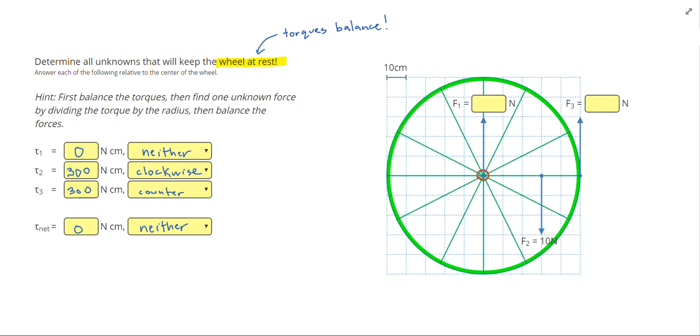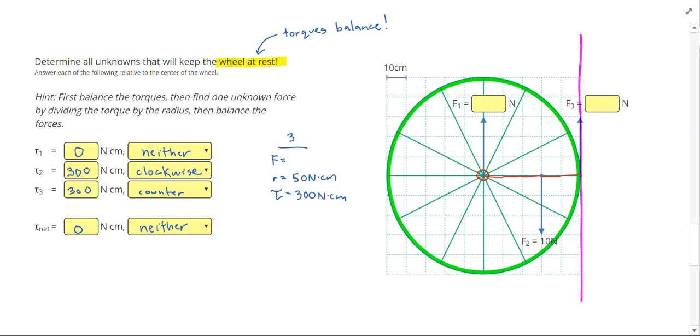Alright, so for torque 3, let's take a look at 3. I'm going to write down force, radius, and torque. Well, I know that torque has to be 300 Newton centimeters. The radius I can count, so if I draw my line of action, I can count that my radius out to the line of action is 10, 20, 30, 40, 50 centimeters.